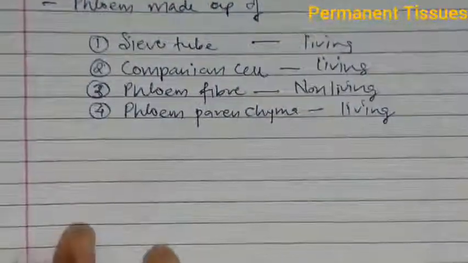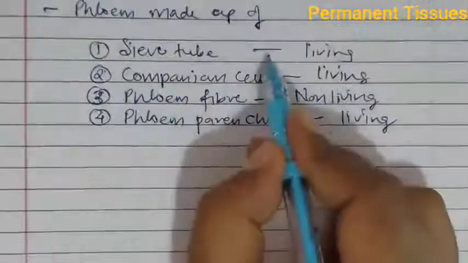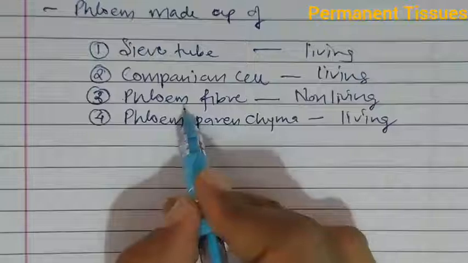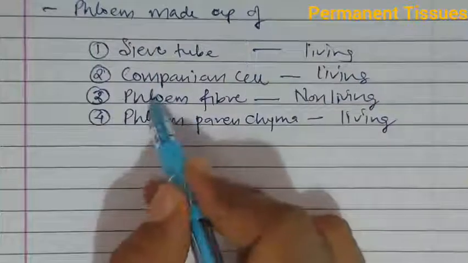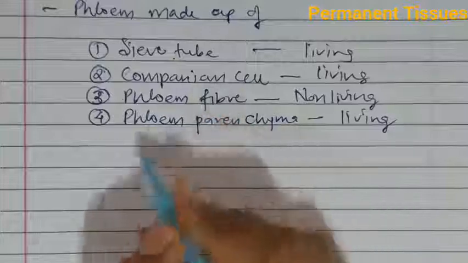Now we are going to talk about all four components. In this, sieve tube and companion cell are associated.